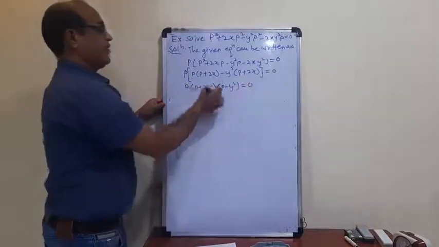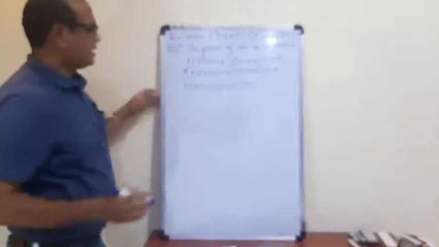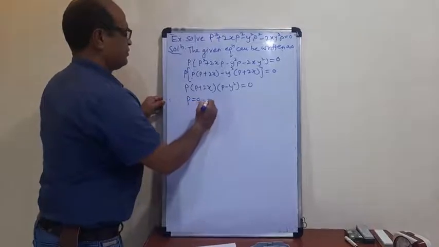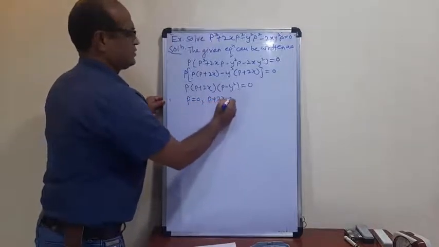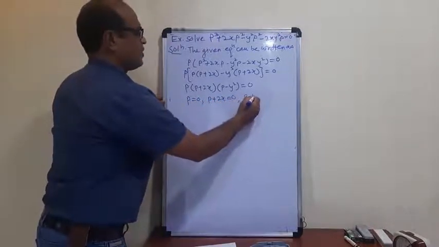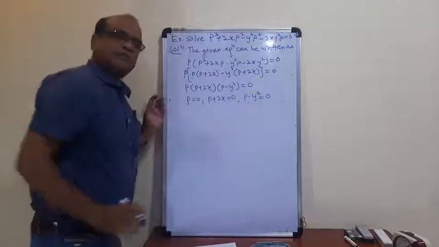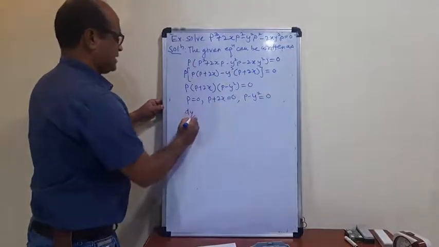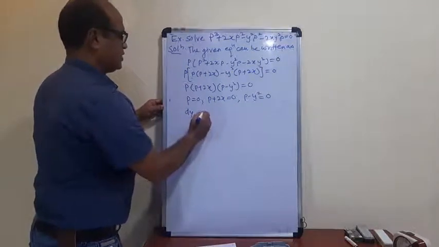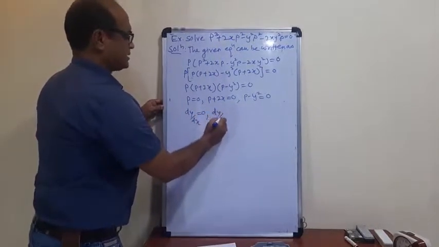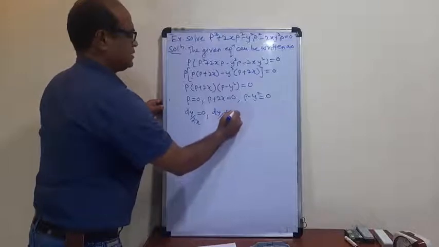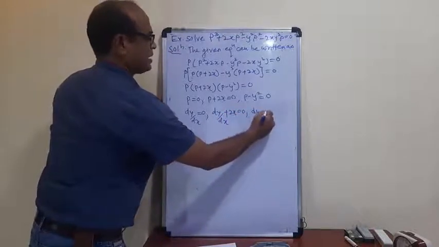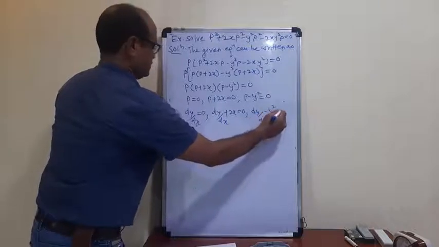Since three factors are formed for the differential equation, as per our usual method, p is equal to 0, p plus 2x is equal to 0, p minus y square is equal to 0. Put p is equal to dy by dx. So dy by dx is equal to 0, dy by dx plus 2x is equal to 0, dy by dx minus y square is equal to 0.